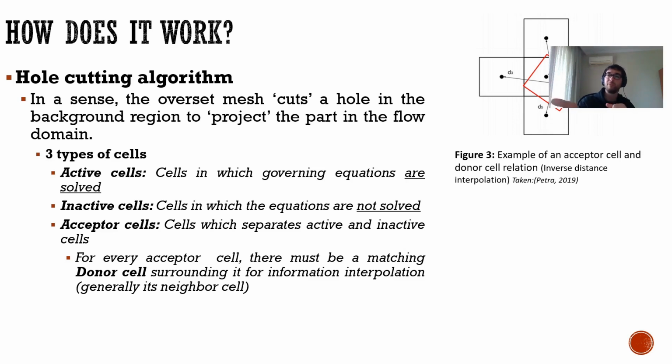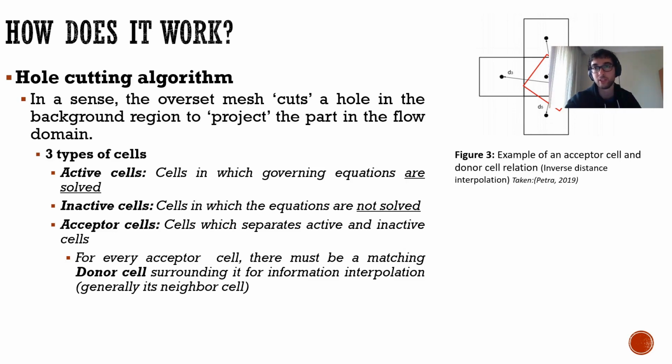So if you come back to figure 3, you can see in red the overset cell, the acceptor cell, and behind it the black cells would be the donor cells. So between the acceptor cell and the donor cells, there's an interpolation going on. In this case, it is the inverse distance interpolation.